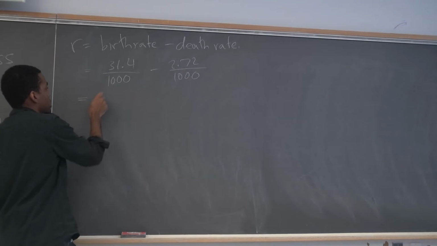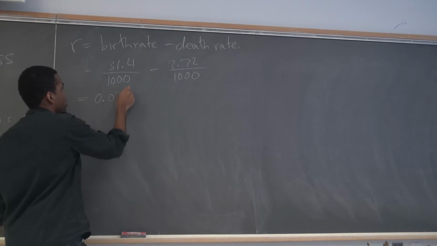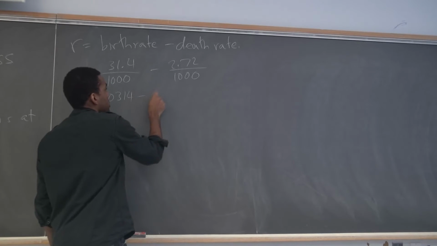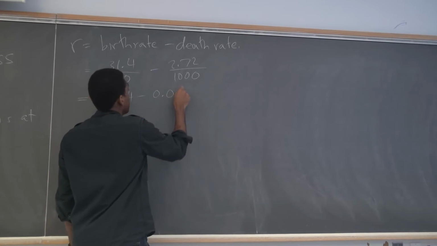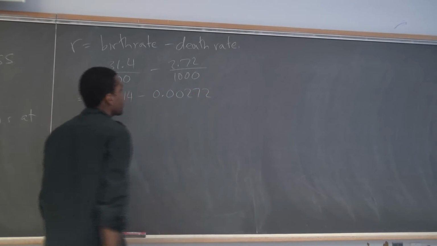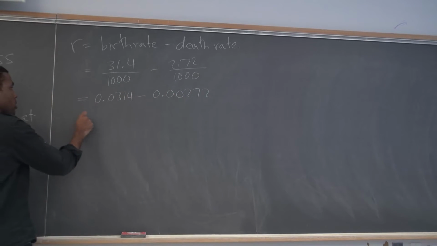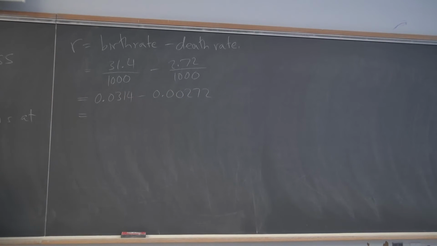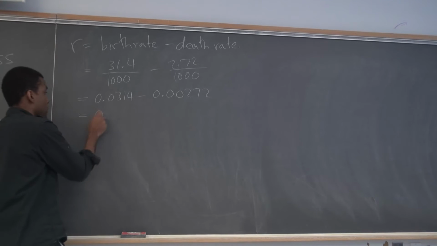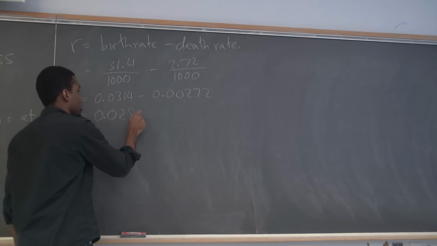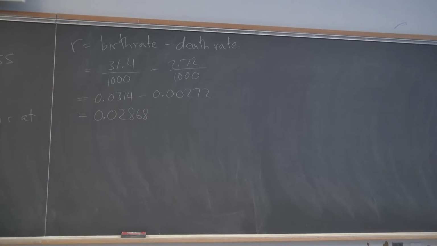So this would be 0.0314 minus 0.00272. And what's that? 0.02868. Right? So that's how you'd find the growth rate for this population.